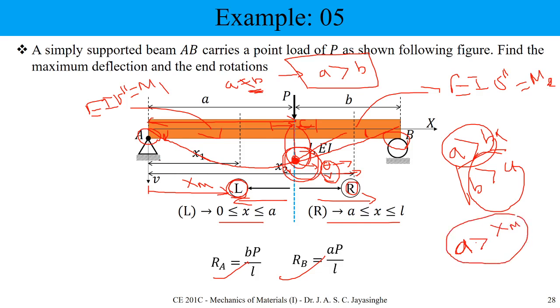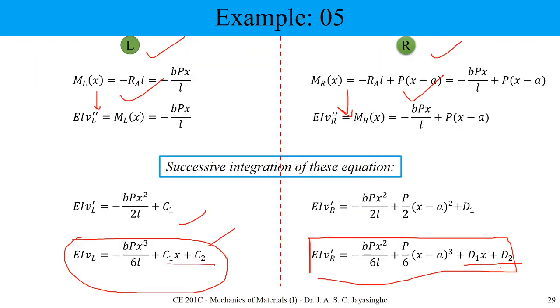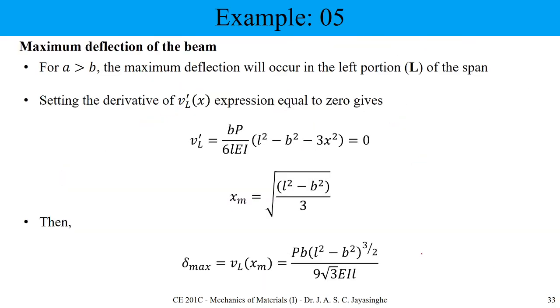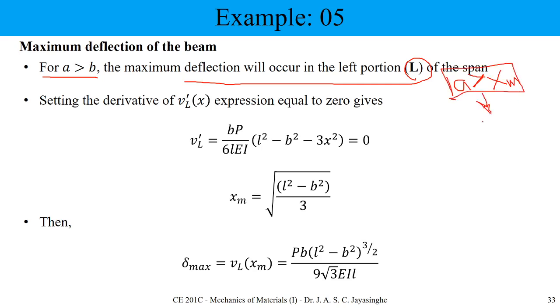That means the maximum is going to lie between point A and point C. Considering this one, you're going to find this. So this is the way the maximum deflection will occur in the left portion. That means A should be greater than xm. This is actually an assumption, so we can double check after our calculation.